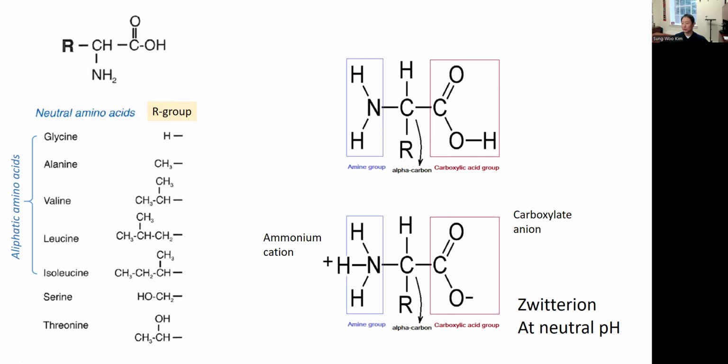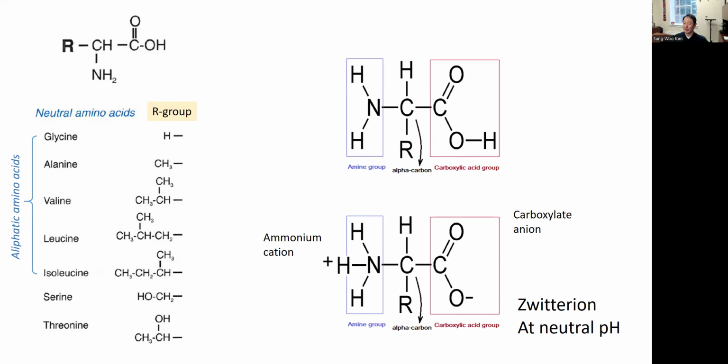However, if you look at this amino acid under physiological pH or neutral pH, it will have some modification. In the case of the amine group, it will be ionized, becoming an ammonium cation.